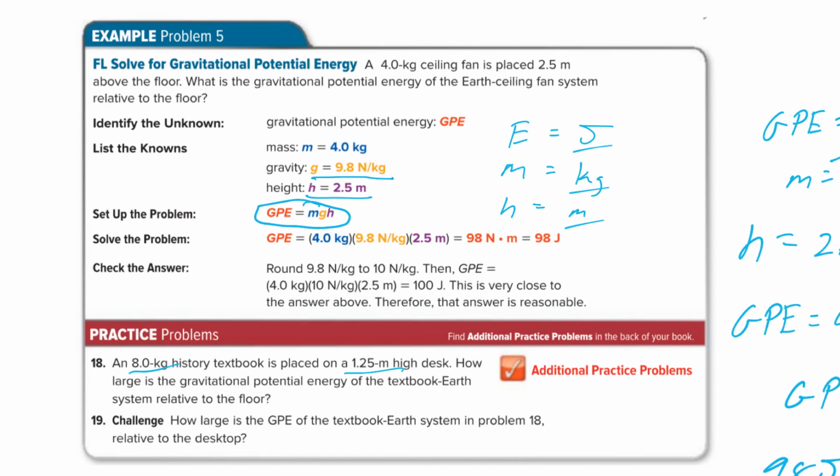So you are actually just going to use 9.8 again, because it doesn't say this is on the moon or anything. This is on Earth. So 9.8 newtons per kilogram is going to be G. And then this is your mass, and this is your height. So you just plug those numbers in, use a calculator, and solve for GPE.